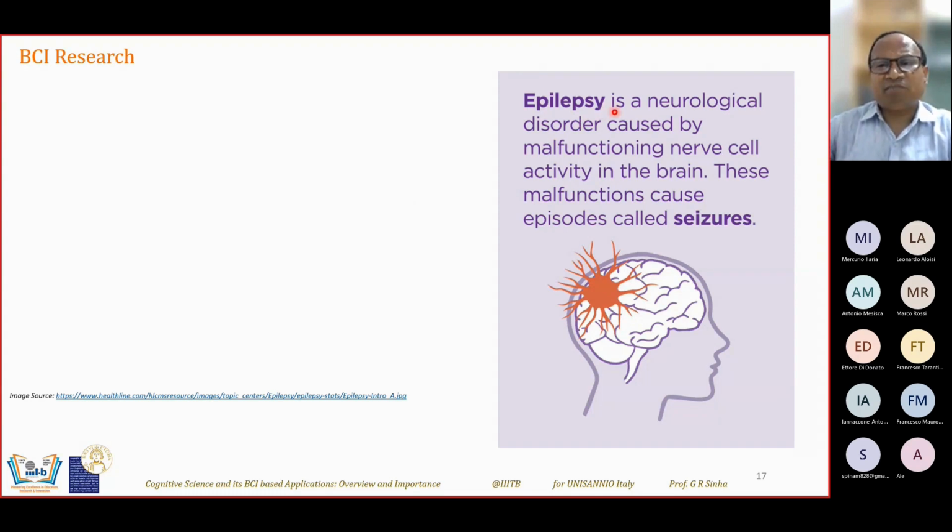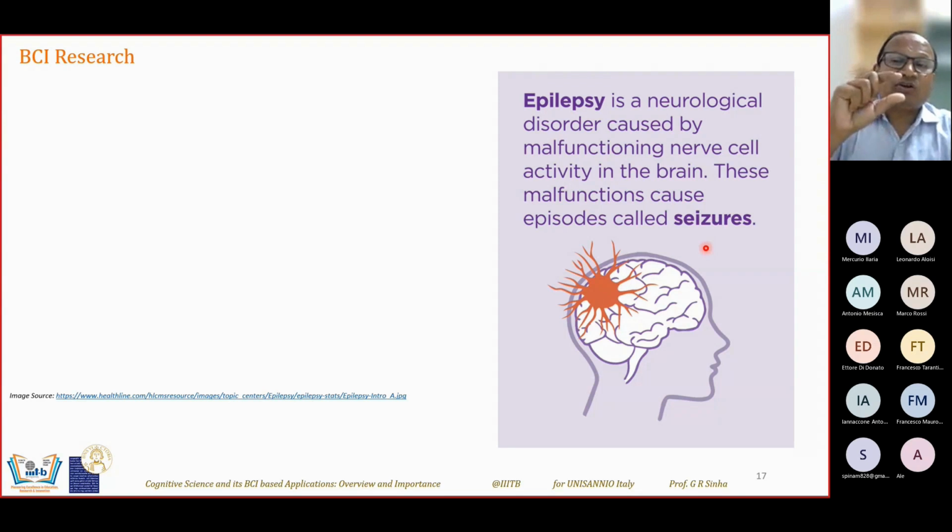Look here, epilepsy. Epilepsy is a neurological brain disorder caused by malfunctioning nerve cell activity in the brain. These malfunctions cause episodes called seizures. Whenever a seizure happens, in a critical condition the person dies.